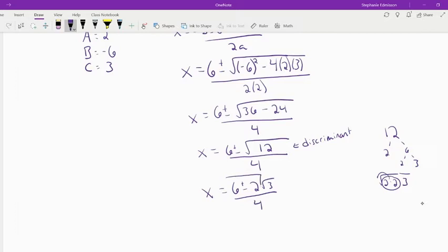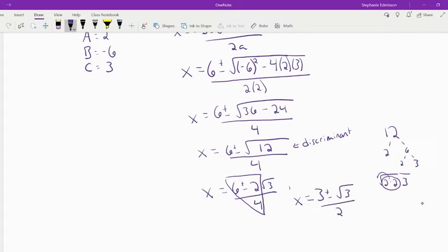Then remember, we have our little triangle that we can draw. And I can reduce all these by 2 by dividing by 2. So I get x equals 6 divided by 2 is 3. 2 divided by 2 is 1, but I'm not going to write it because remember, an invisible 1 is implied in front of that root 3 over 2.